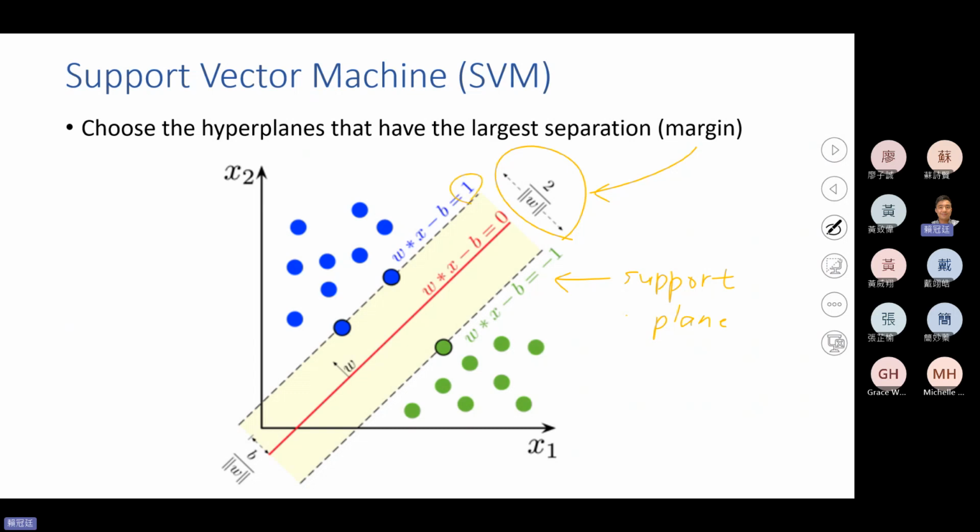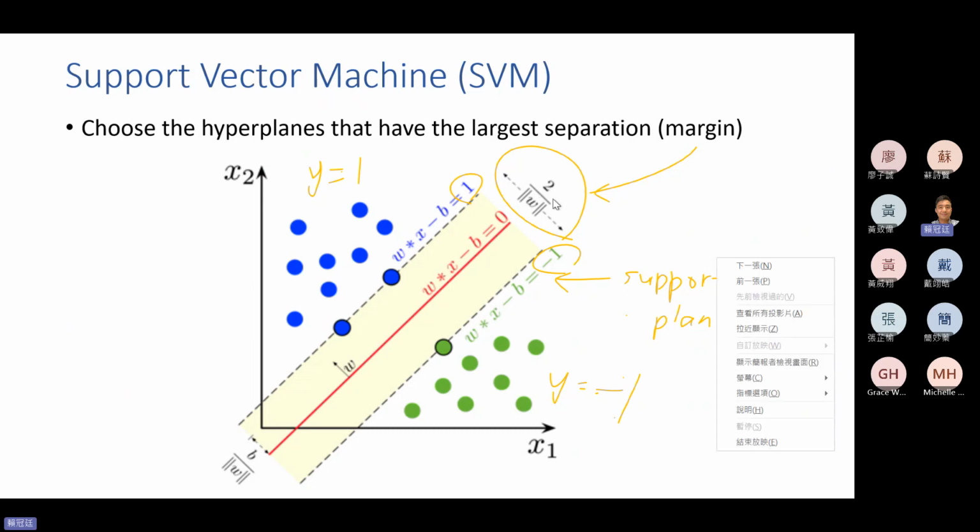Finally, they choose the planes as 1 and -1. So the class labels now become 1 and -1. Originally it was 1 and 0, right? So for the blue class y is 1, for the other y is -1, and then you can calculate the distance between those two planes using the L2 norm. It's about geometry.